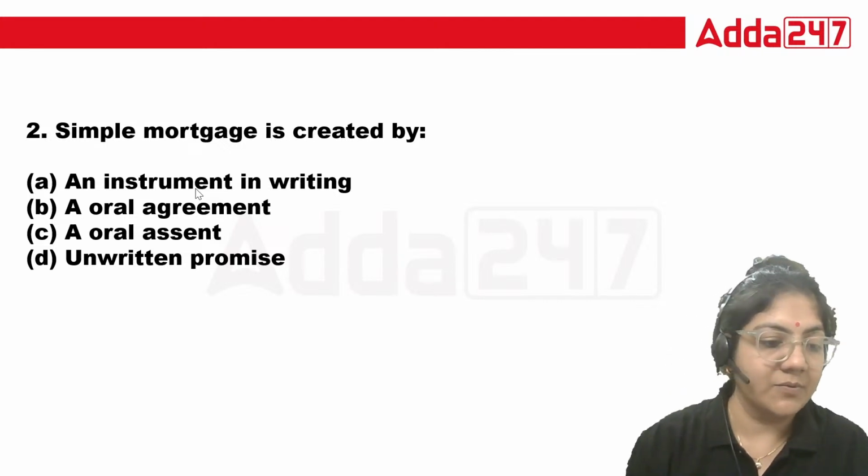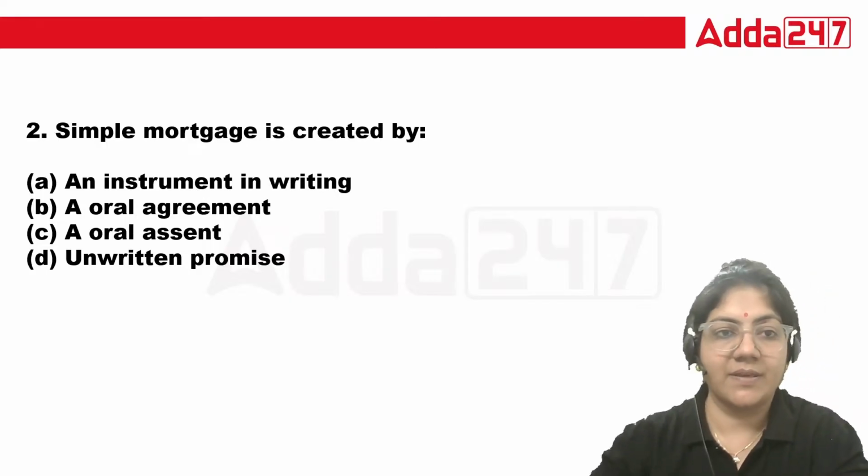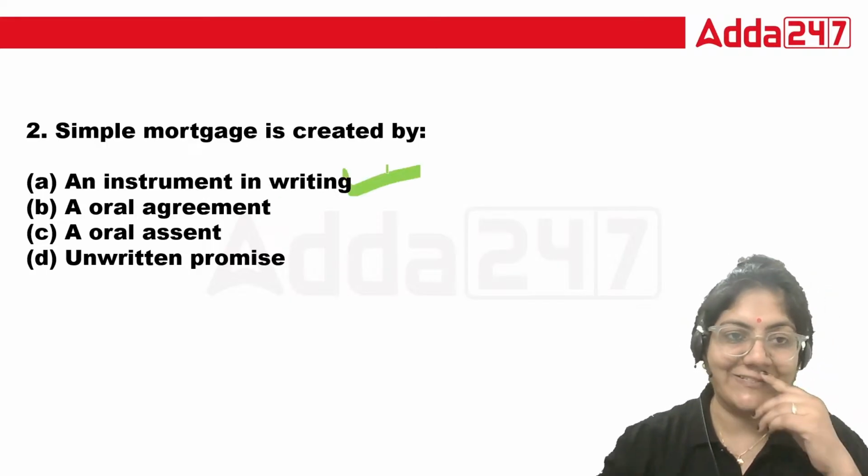So, class, a simple mortgage is basically the instrument in writing. Okay, this is the right answer.